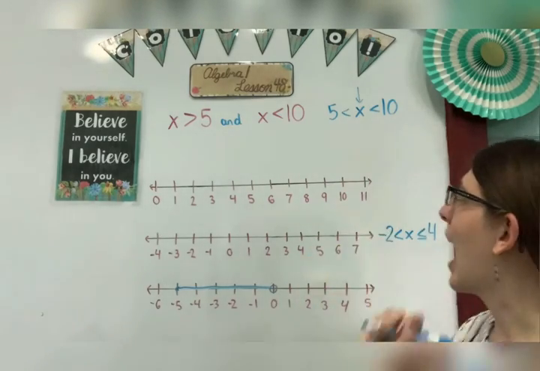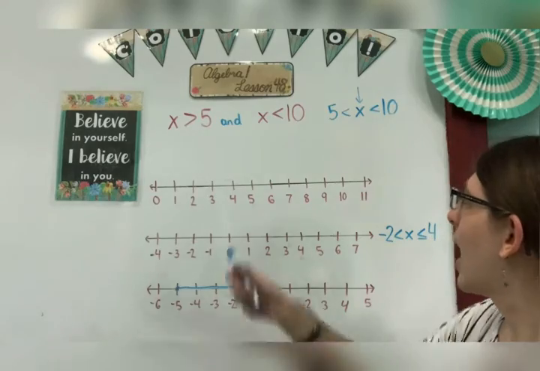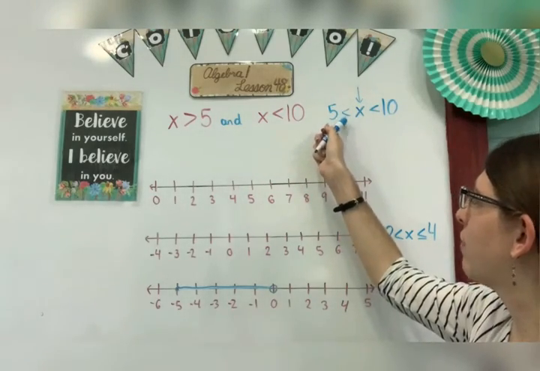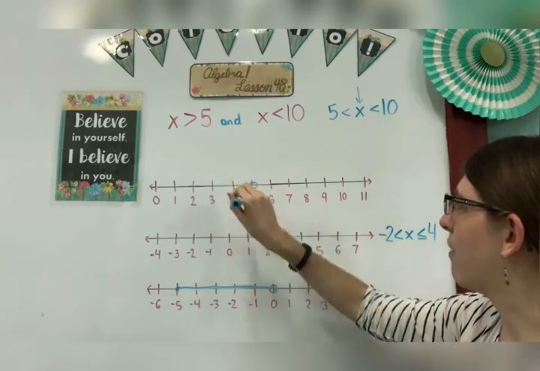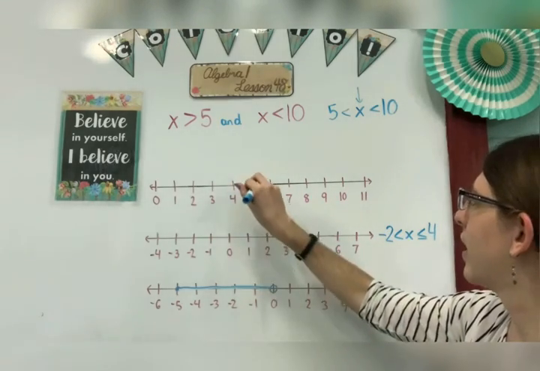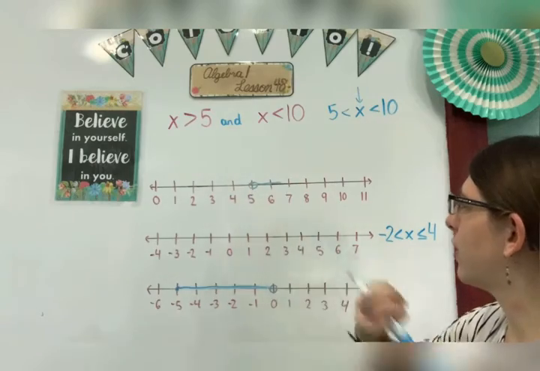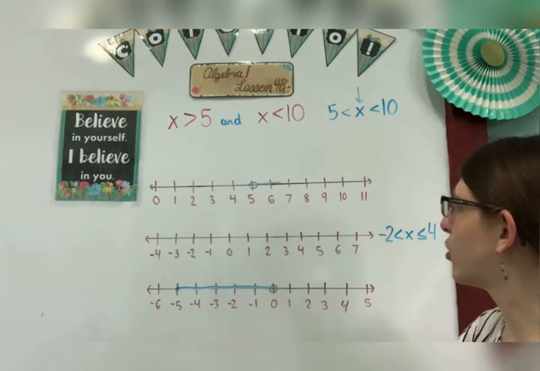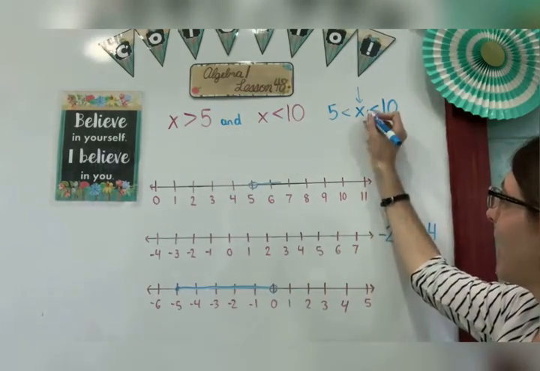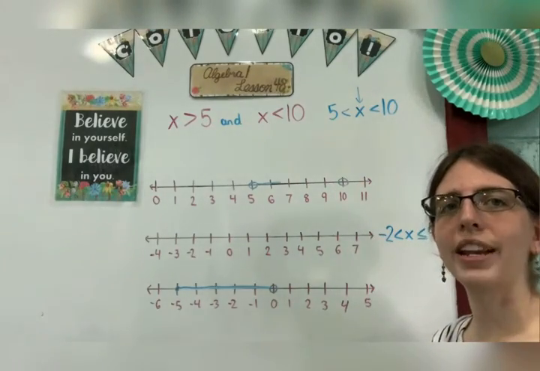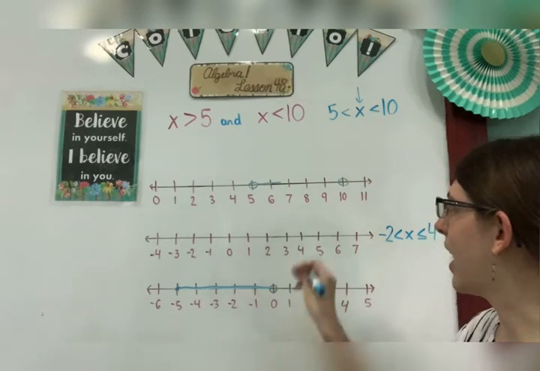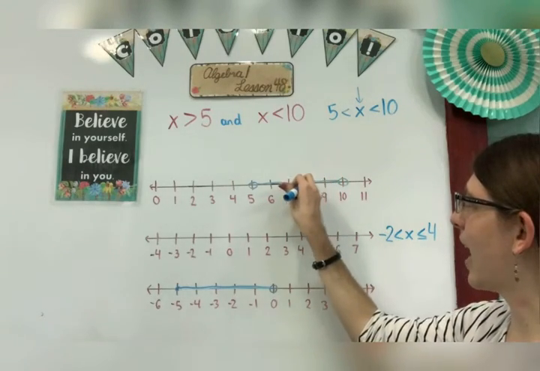If I wanted to graph this conjunction, I'm showing that x is greater than 5. It's not equal to 5, but it's greater than 5. So I have a circle over the 5, and numbers greater than 5, so I know I'm going in that direction. And then this is x is less than 10. So I have an open circle over 10 to show that it doesn't include 10, but it starts at 10, and it's the numbers less than 10.